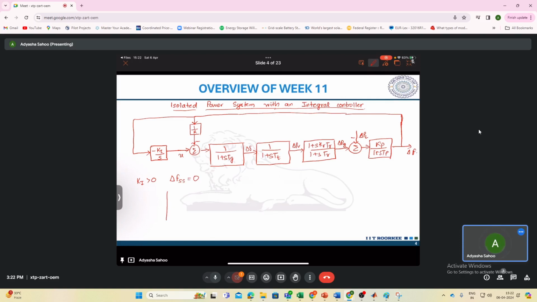That means whenever there is a disturbance, initially there will be certain oscillations, but then it will settle to 0. So this is your delta F.